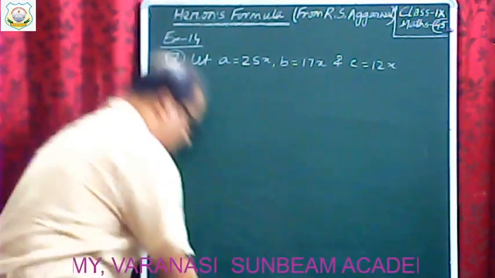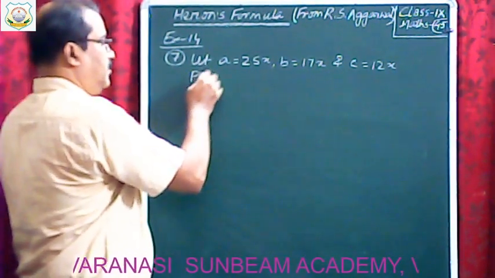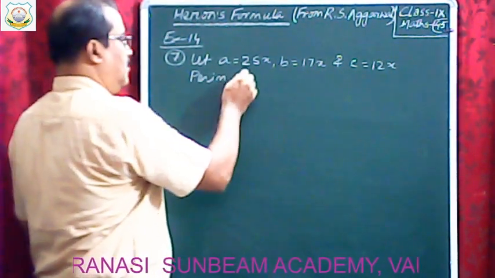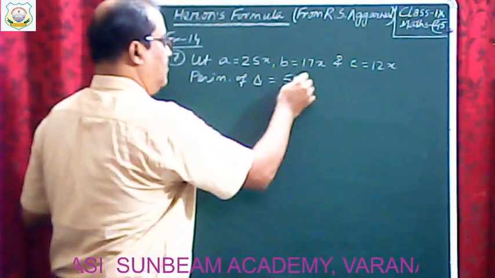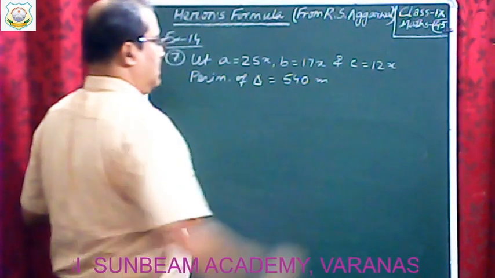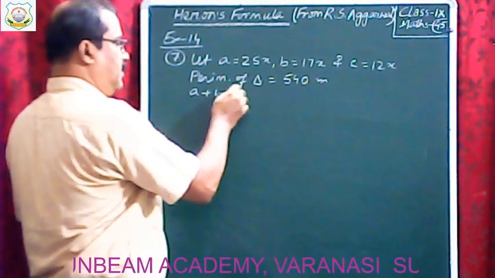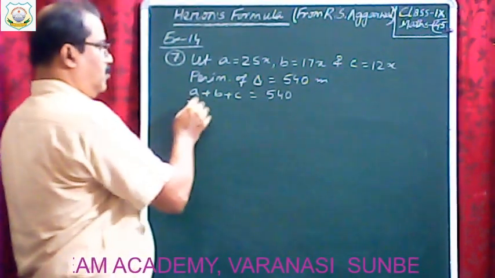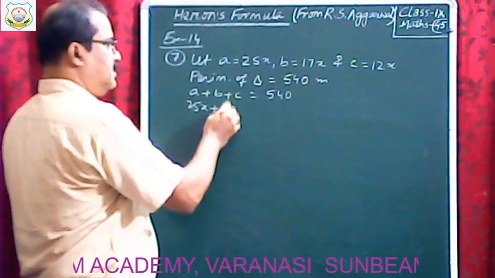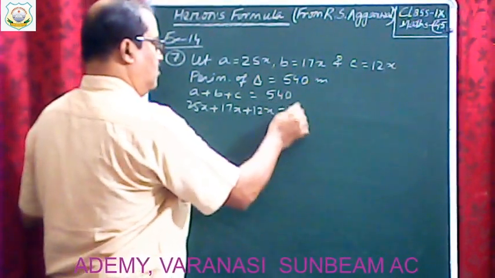Okay, perimeter given. Perimeter of triangle is 540 meters. So perimeter means A plus B plus C equal to 540. 25x plus 17x plus 12x equal to 540.